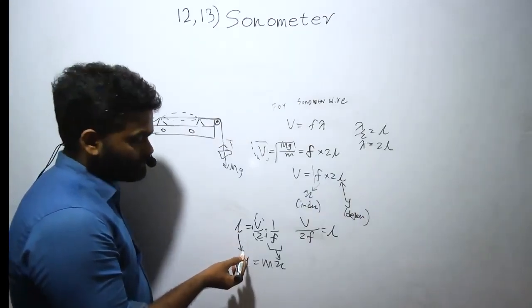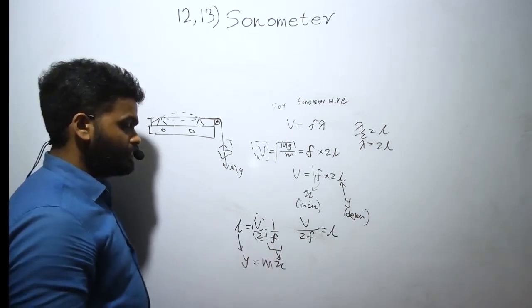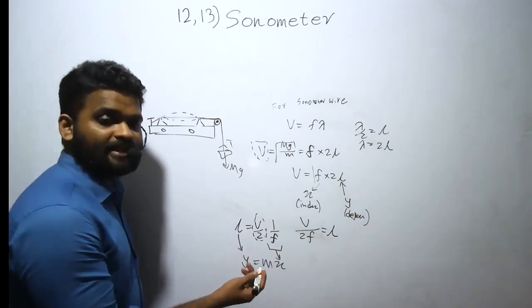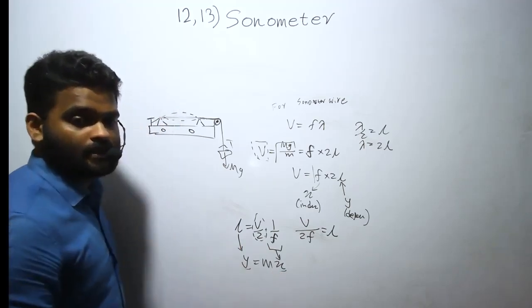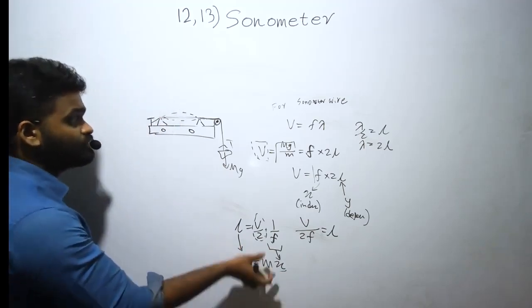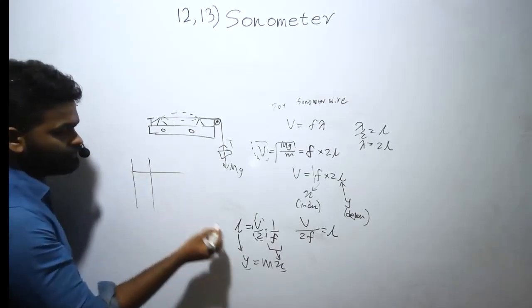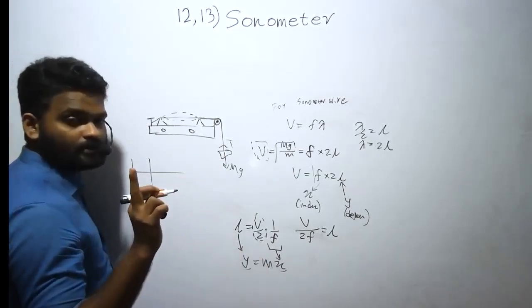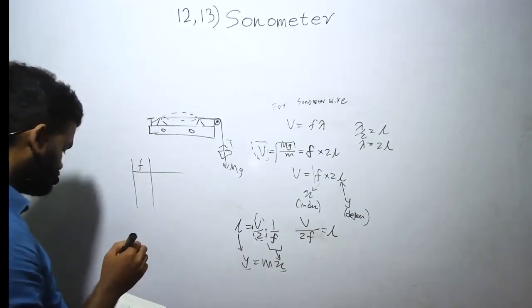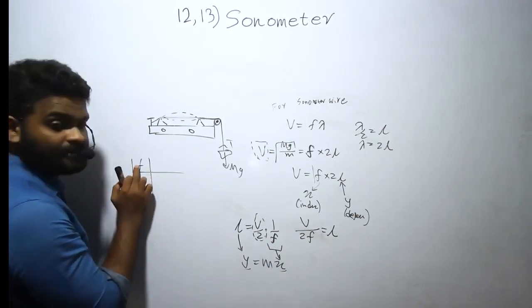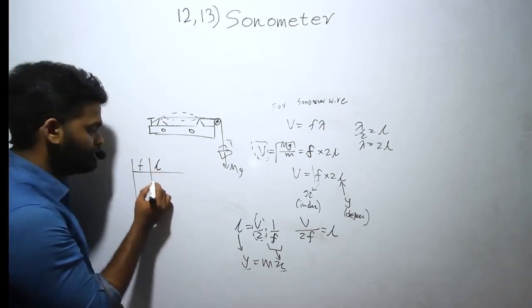Okay. So y equals mx. So we are going to draw a graph. Before drawing the graph, you need coordinates, meaning x and y coordinates. So how do you find that? That's why you need to do the experiment, right? So you get one fork, and for that fork, you will find a resonating length.